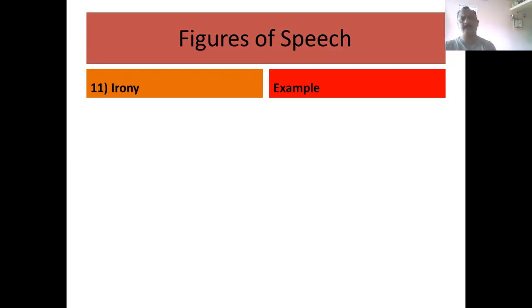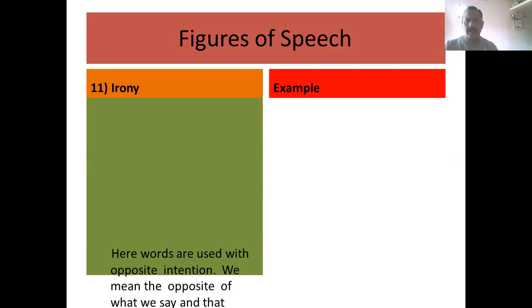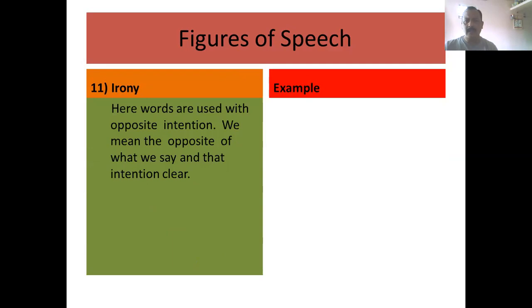Then the next figure we are going to see here is irony. In irony, words are used with the opposite intention. We mean the opposite of what we say, and that intention is clear. Our purpose in saying it is completely opposite. Suppose a student comes late to the door and asks the teacher, may I come in, sir?